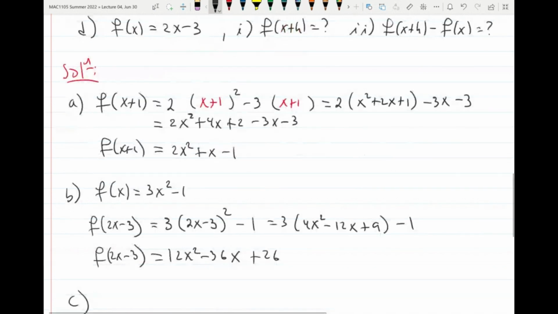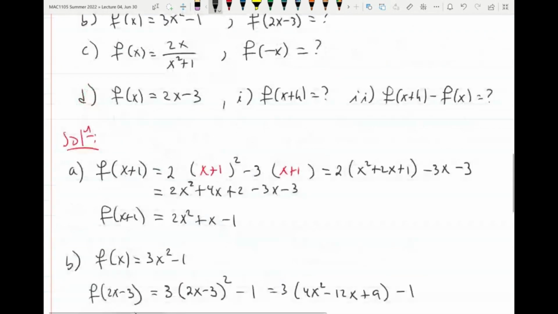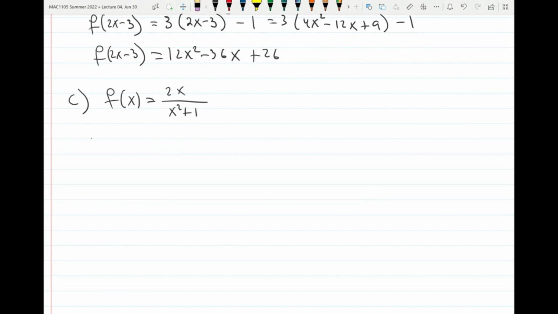So the next one was 2x over x squared plus 1, okay? And we wanted to figure out f of negative x. Let me poke your memory. So does anybody remember why is this helpful? What are we trying to figure out by evaluating f at negative x?